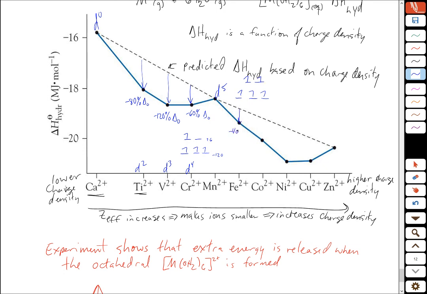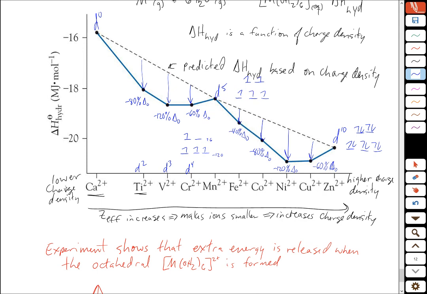That's minus 40% of delta O, minus 80% of delta O. Nickel gets us down to minus 120% of delta O. And then copper, again, we're back to minus 60% of delta O. And then we get to zinc, and zinc is d10. d10, all the electrons are paired, and we have no net stability.